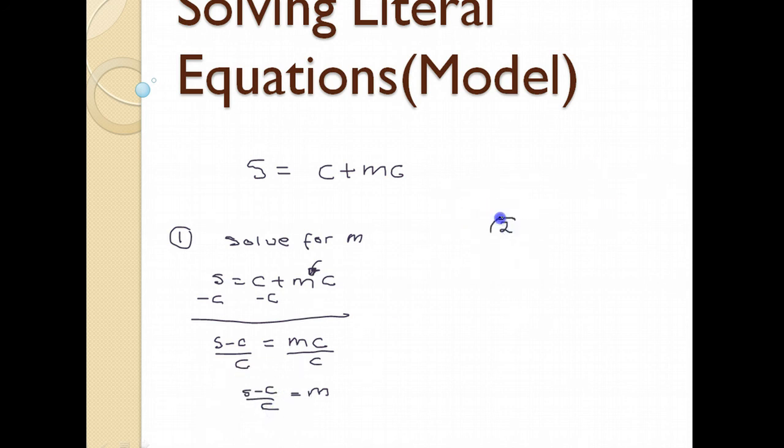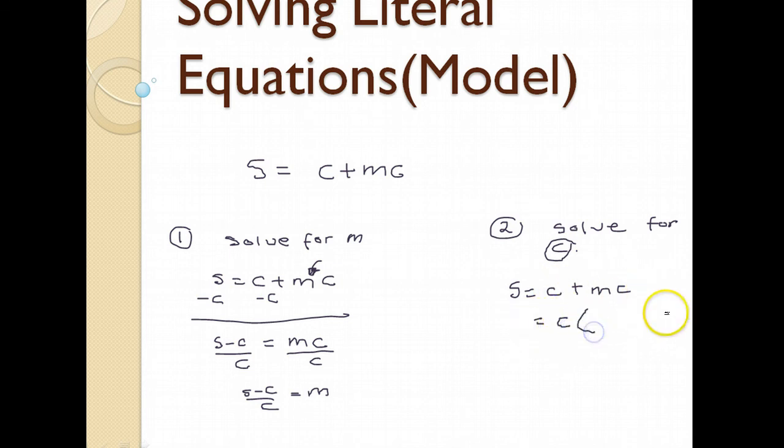Let's say I asked you to solve for c. Well, I could try to subtract mc on both sides, but that creates an issue because now c will be on both sides and I want c by itself. So the first thing I want to do is put this c together by factoring it out.